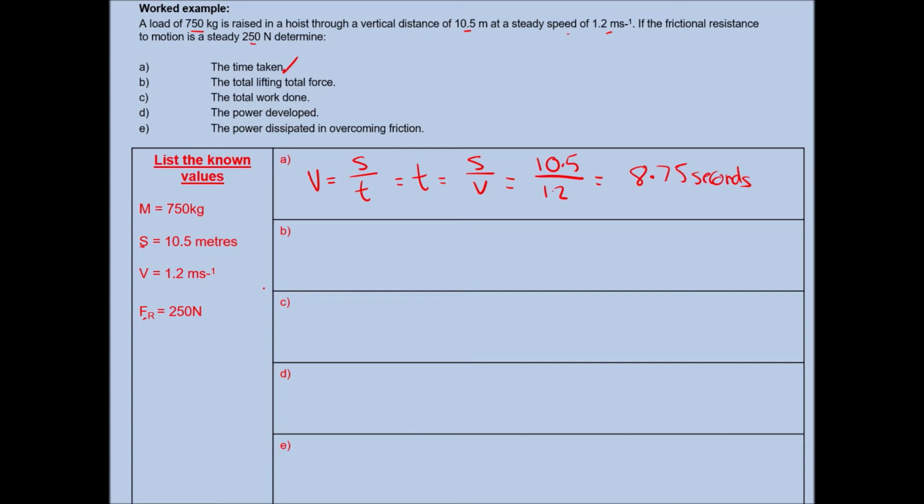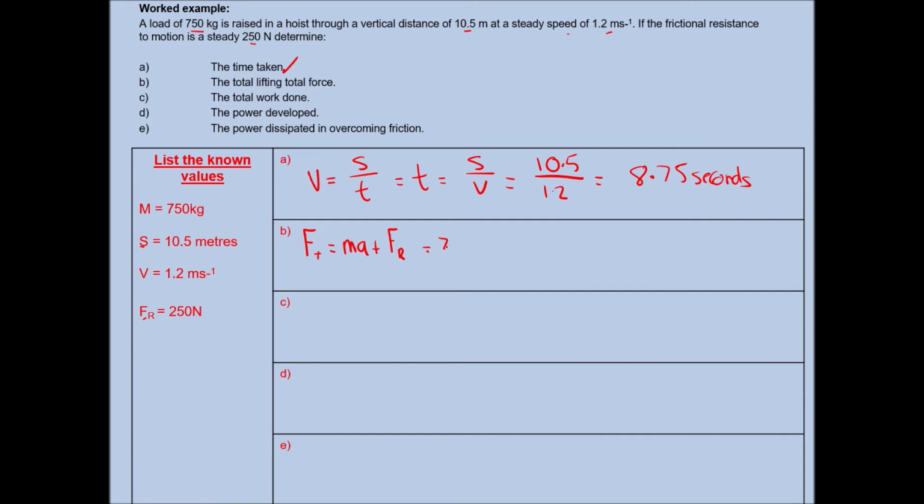Next thing, total lifting force. And this is when it becomes a little bit more complicated than what we've done already. The total lifting force, F total, is equal to the mass times the acceleration plus the force that's needed to overcome resistance to movement. So we've got 2 bits of information we need to add to find this total force.